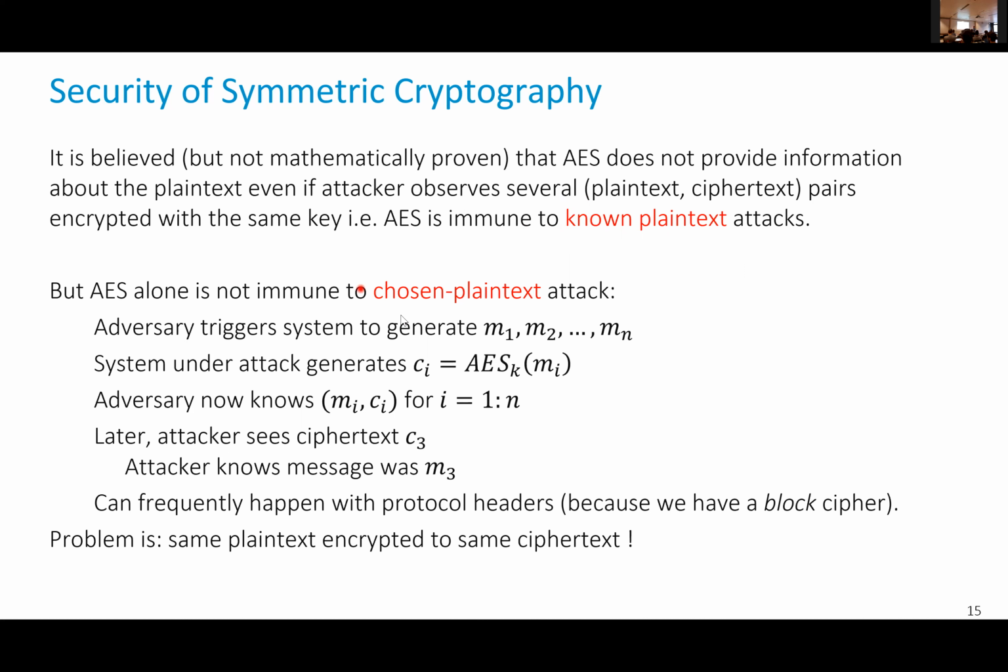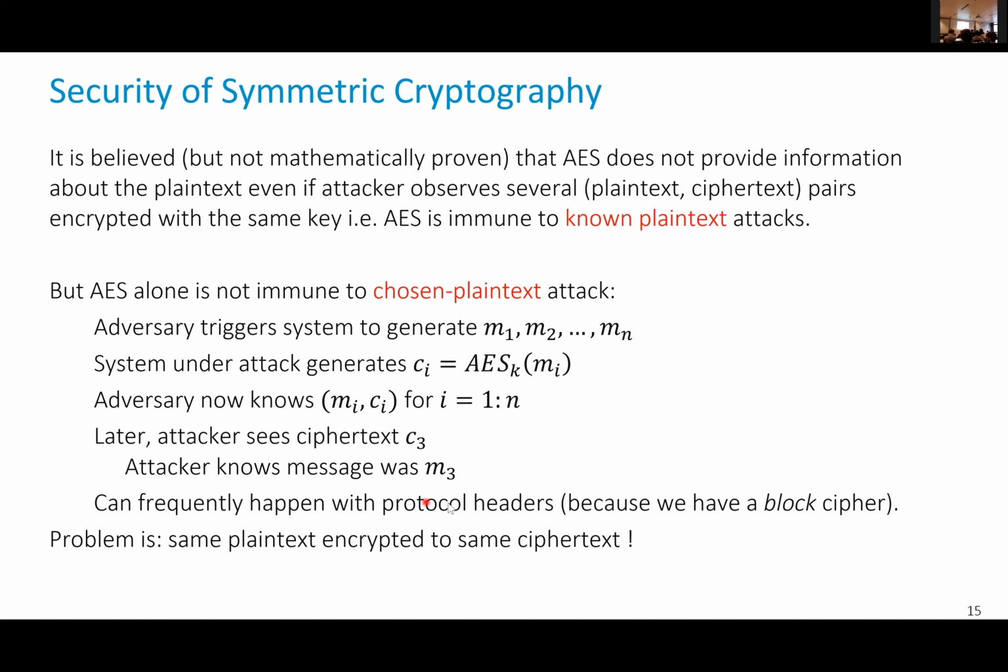However, there is another problem that may occur, which is called the chosen plain text attack, which typically occurs when we have measurements, for example, or computer systems, where we tend to send the same message again and again. And because AES uses blocks, if the same block is seen multiple times, then I will gain information.